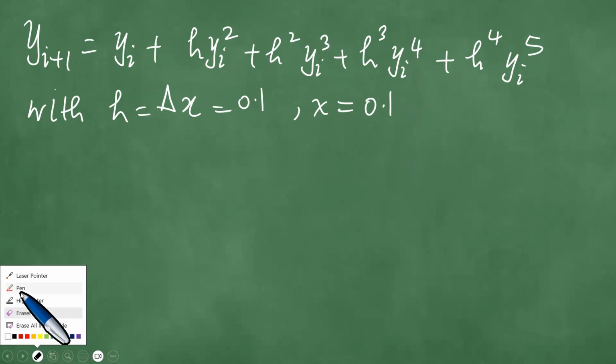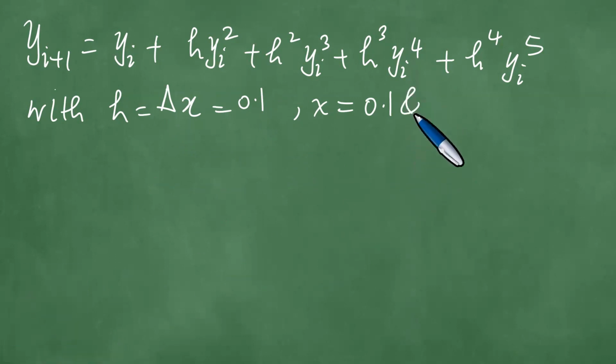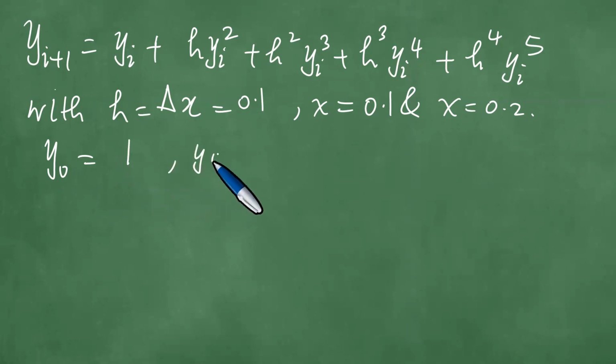We're going to get two answers, but first we start with the first one. So this one is 0.1, and then also there's 0.2. Okay, so let's continue and solve this question in detail. There's certain things we know, like we know that y0 is what for this question? y0 is 1, which can be written as y at 0 equals 1. It is the initial value given in this question.